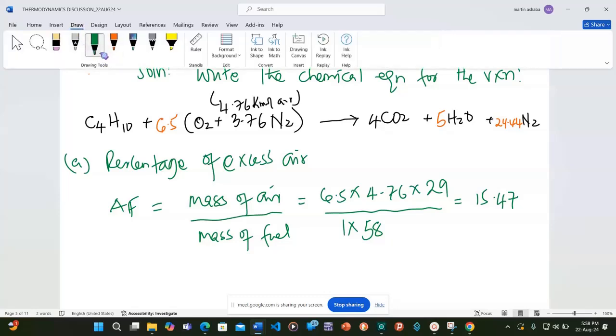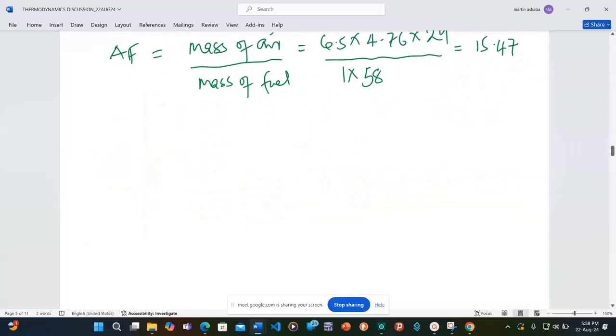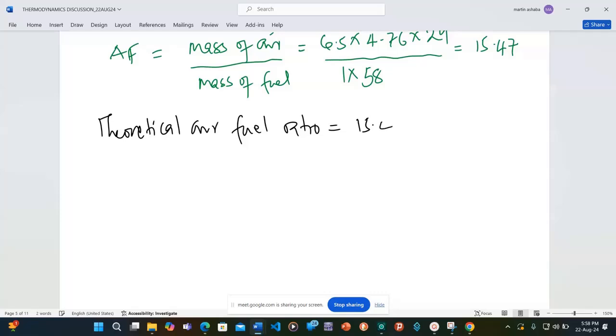Now, what does this mean? It means the theoretical air fuel ratio for this reaction of butane and air to completely produce the products of combustion, that is carbon dioxide and water vapor, will require 15.47 more air than fuel.